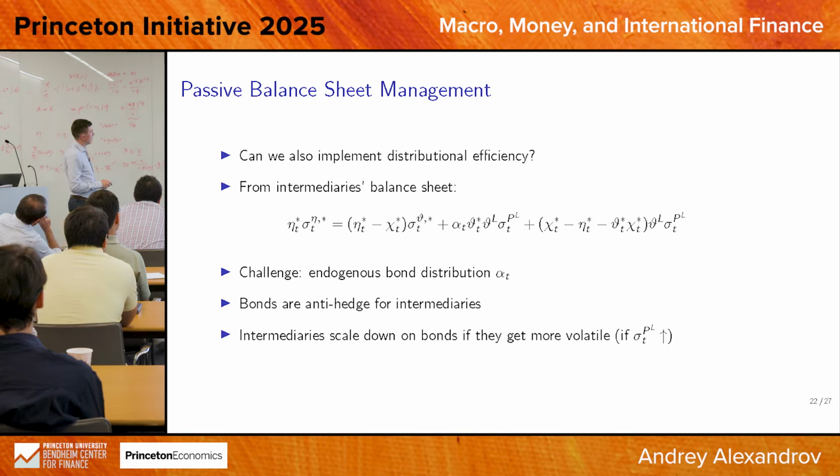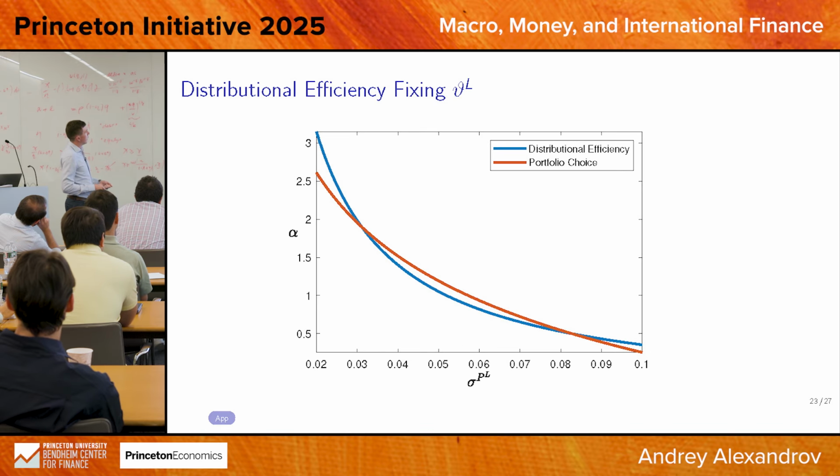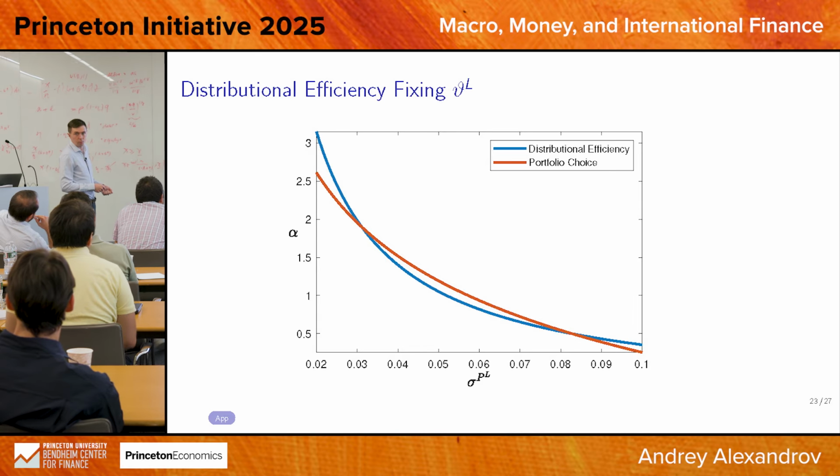Basically, you have this issue that you want to make bonds more volatile, but then intermediaries run away from that. You can have this kind of graph in which on the x-axis you have the volatility of long-term bond price, on the y-axis how many of these long-term bonds are held by the intermediaries. And the blue line is going to be the distributional efficiency.